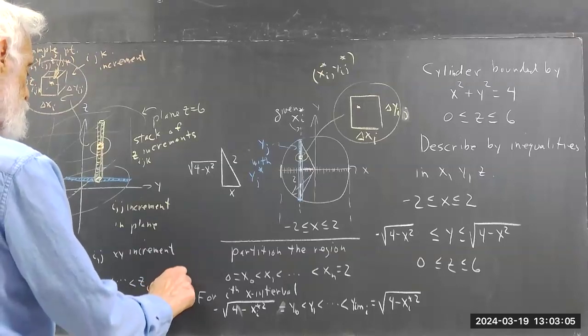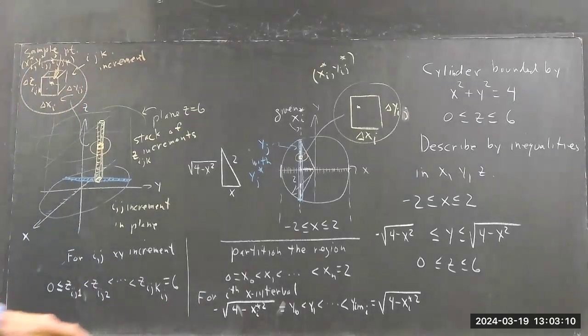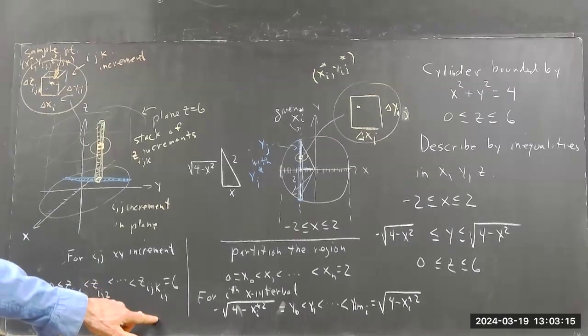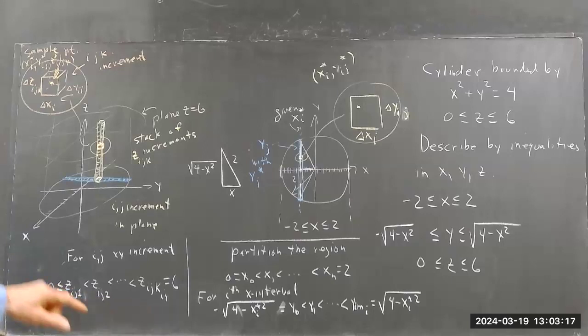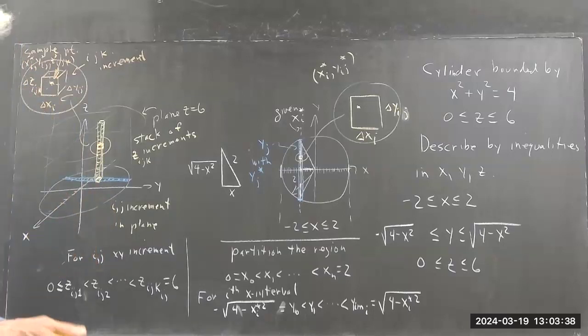And I don't really necessarily like my notation here, but it'll do for the moment. k sub ij is the maximum value of k you would have for the z stack that corresponds to the ij xy increment. Now you want to digest that, okay? And you're not going to digest it right now unless it makes perfect sense to you as I said it. But kind of store that away and make sure you understand that scheme.